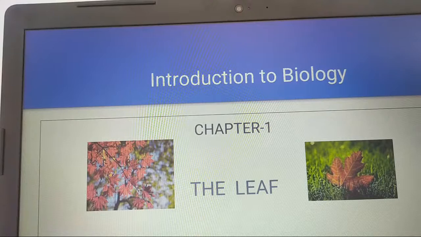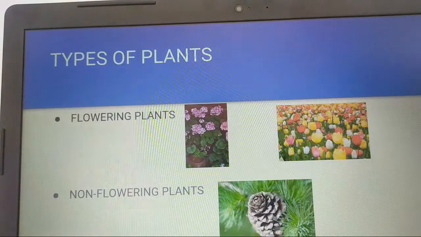That means they do not have flowers. So, on this basis, we can categorize plants into two different types. The flowering plants and the non-flowering plants.